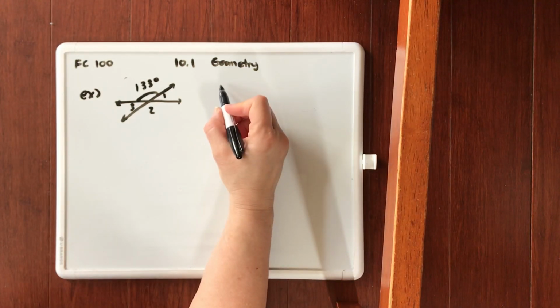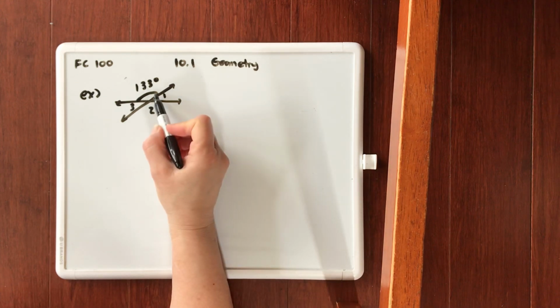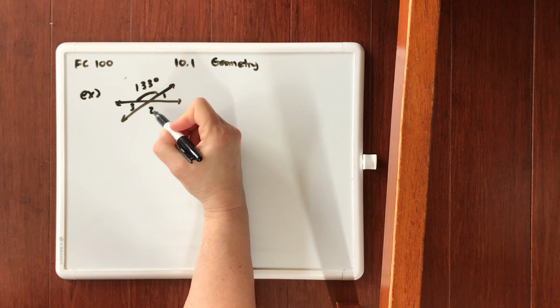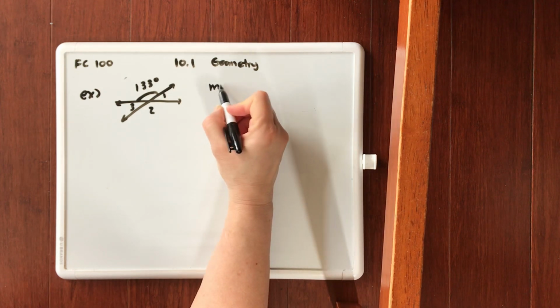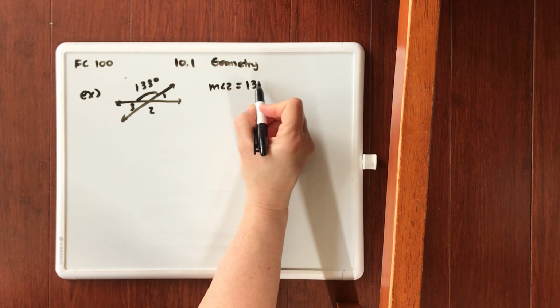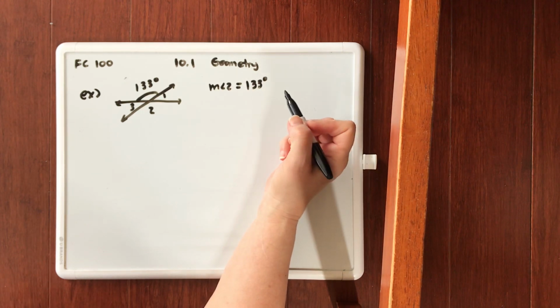Okay, so if this is 133 degrees, because we know vertical angles are congruent, we know the measure of angle 2 must also equal 133 degrees.